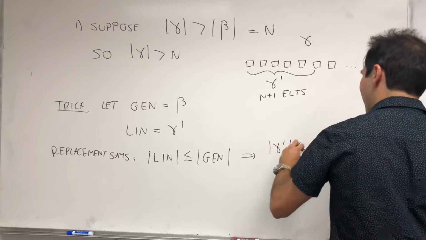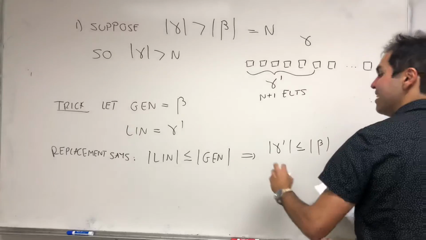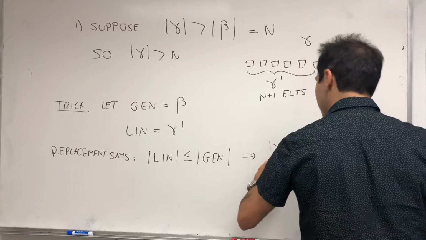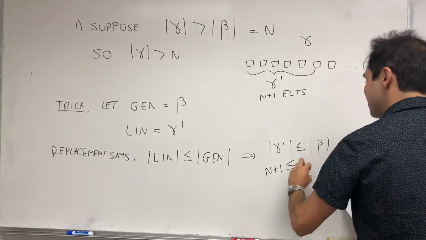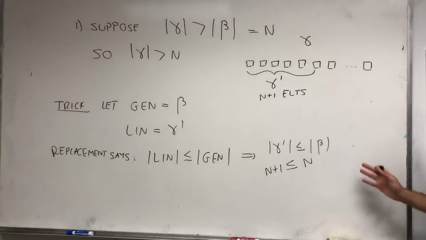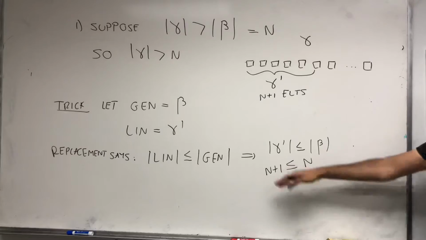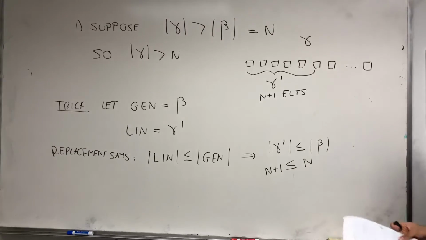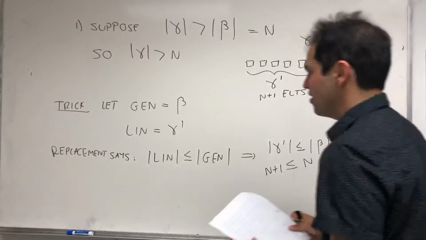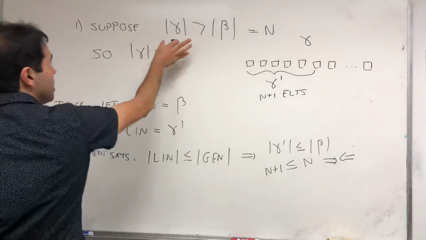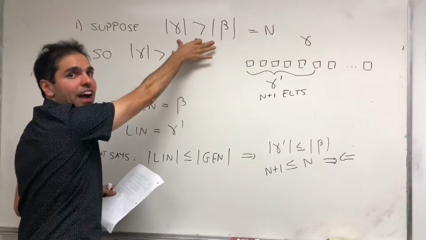So gamma prime is less than or equal to beta, and therefore n plus 1, because gamma prime has n plus 1 vectors, is less than or equal to n. And in no world is n plus 1 less than or equal to n. That's a contradiction. A contradiction with what? A contradiction with this fact.